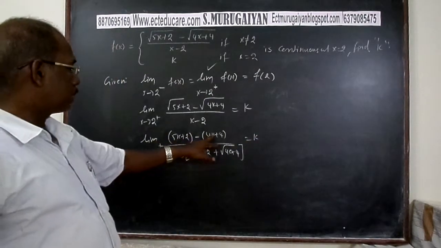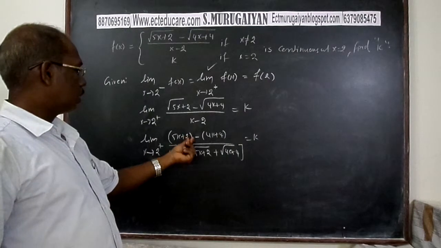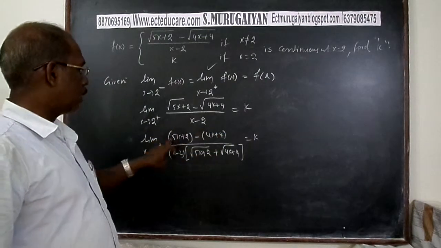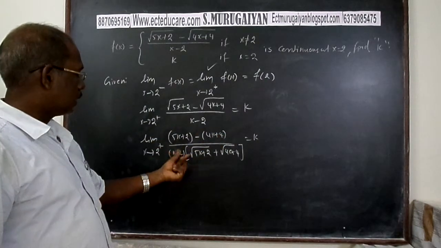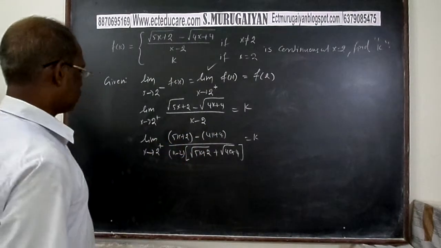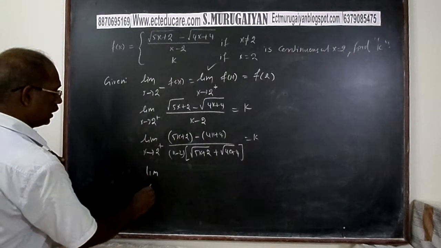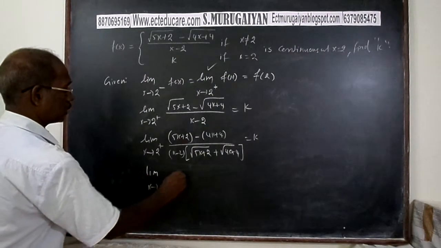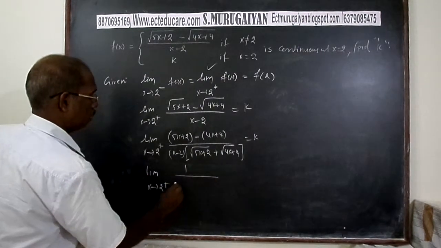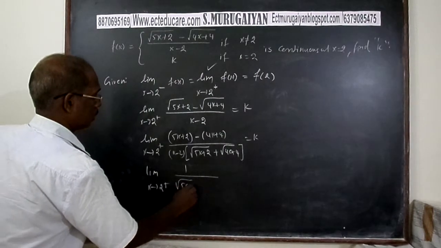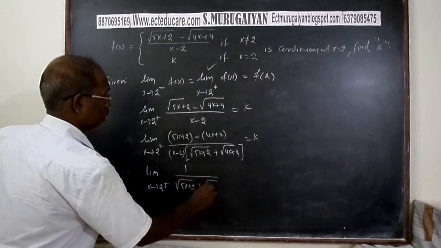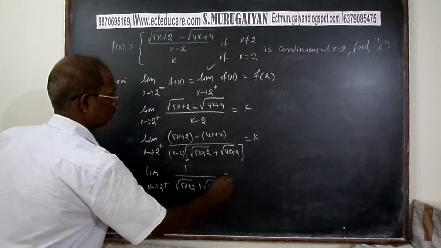Then 5x minus 4x is x, and 2 minus 4 is minus 2. The entire numerator is nothing but x minus 2. So both are the same factors. We can cancel. So it's the limit as x approaches 2 plus of 1 divided by root of 5x plus 2 plus root of 4x plus 4, is equal to k.